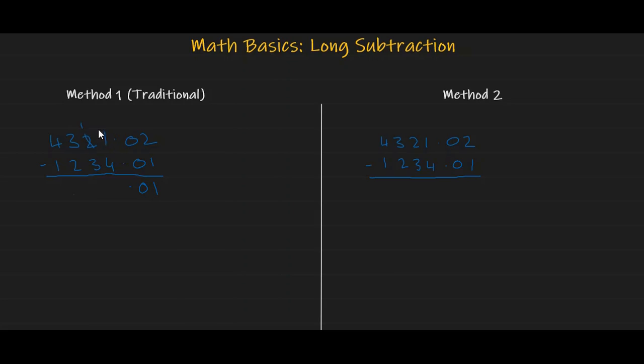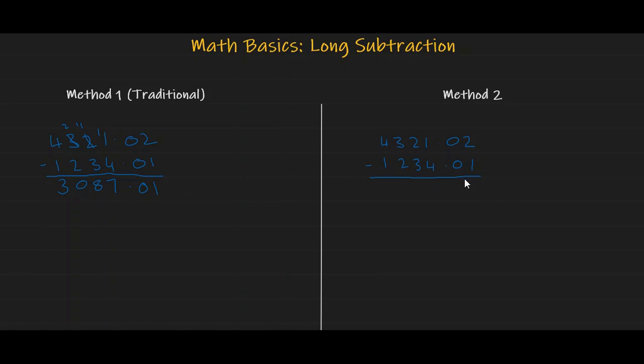This becomes 11. 7. 3 is larger than 1, so you borrow. This becomes 2, and you add 1 here. So this becomes 11. 11 minus 3, 8. 2 minus 2, 0. 4 minus 1, 3.